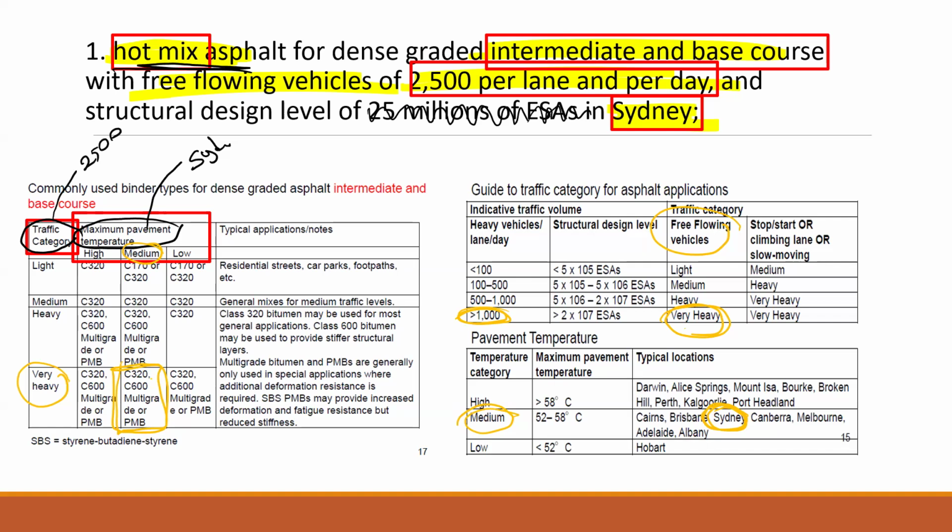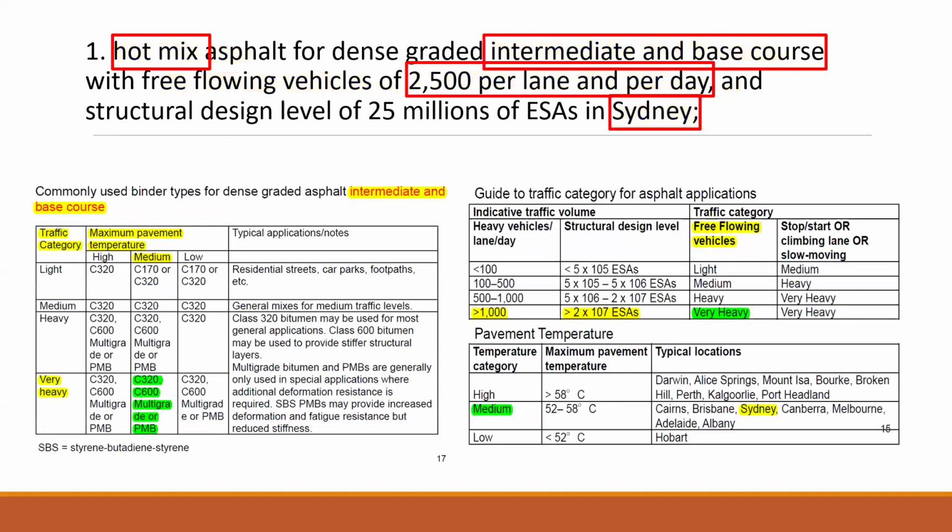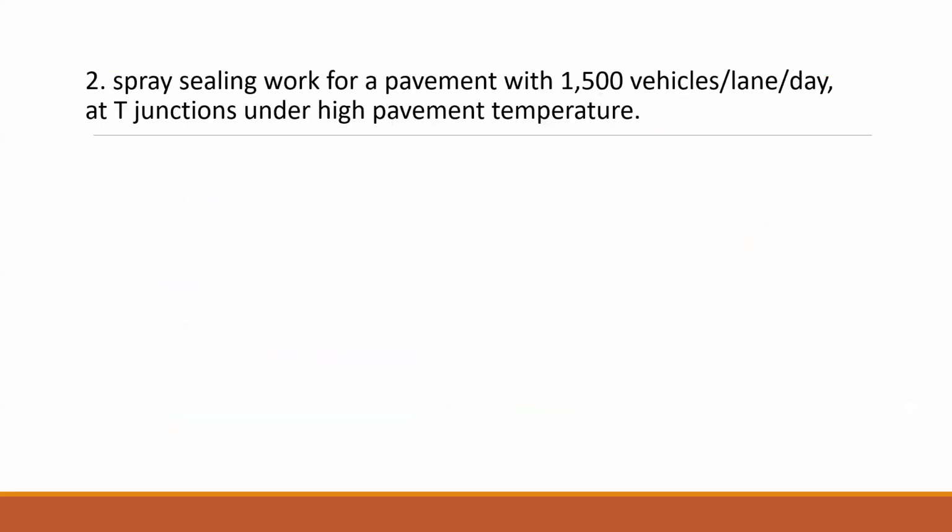C320, C600, multigrade and polymer modified binders. Any question? Okay, so are we all good? Then can you please try the next question by yourself? I don't think you need my help now.